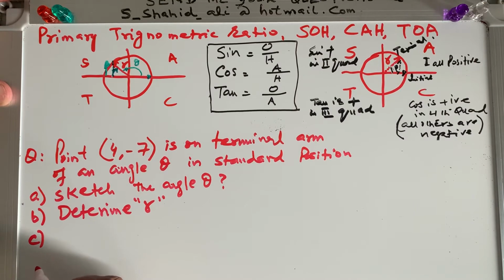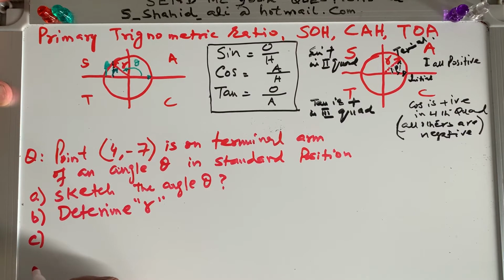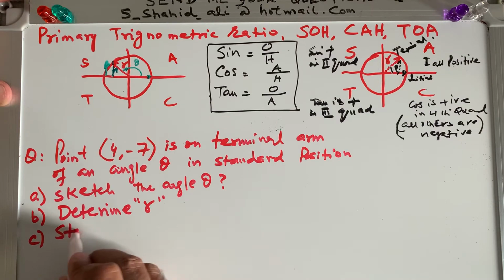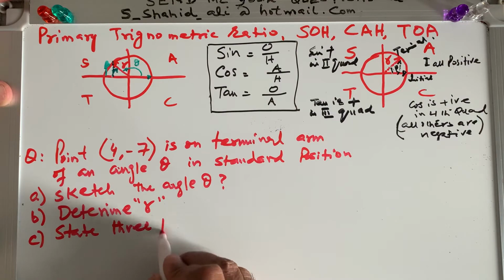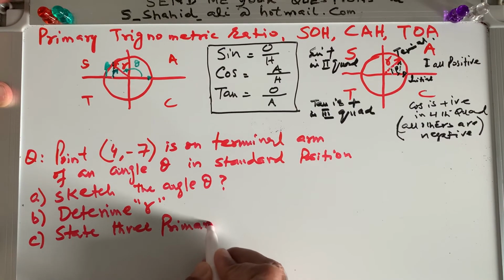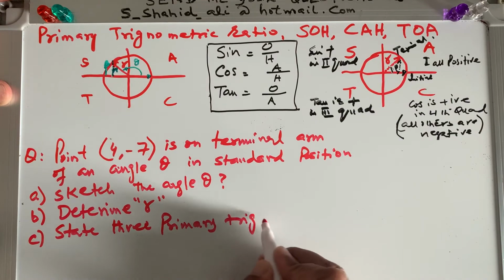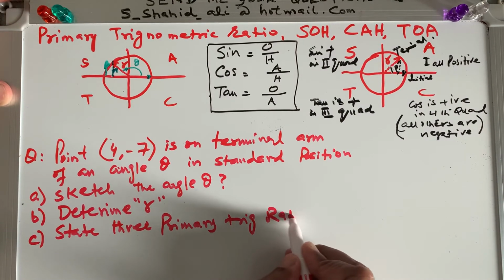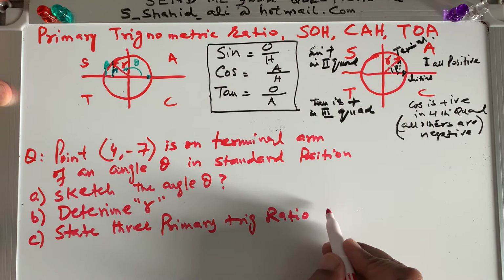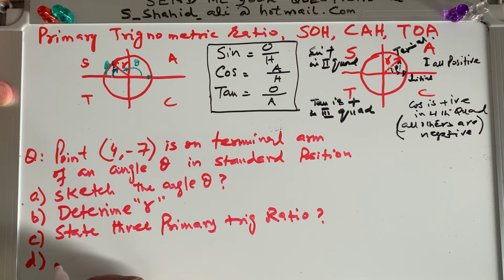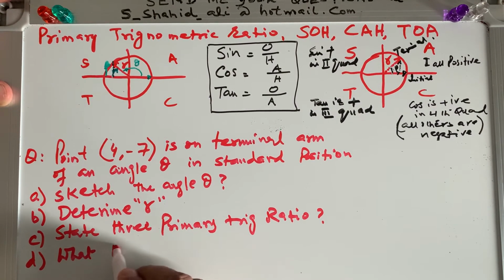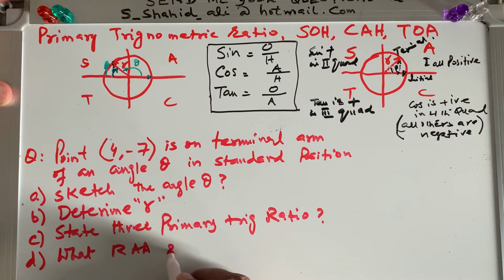C, state the three primary trig ratios, you know, sine theta, cos theta, and tangent theta. D, what is the RAA and PA?